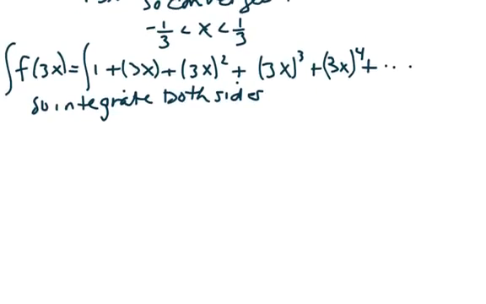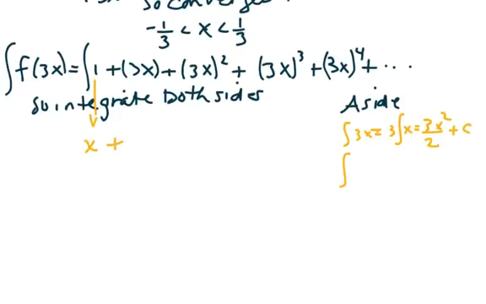I'm going to pull off to the side a little bit of work so that you can see what's going on here. The integral of 1 is simply x, and the integral of 3x is simply the integral of 3 times x, which is 3x squared over 2, plus a constant.